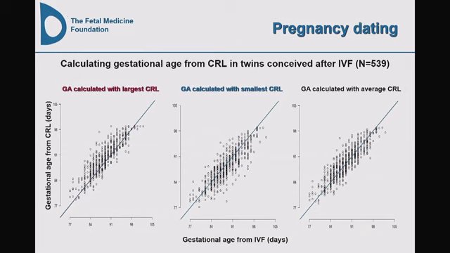If we take the smallest CRL, it goes better. And if we take the average CRL, it reduces the variability, and we believe that this is what the approach should be from now on, to have the average of the two CRLs to date the pregnancy.